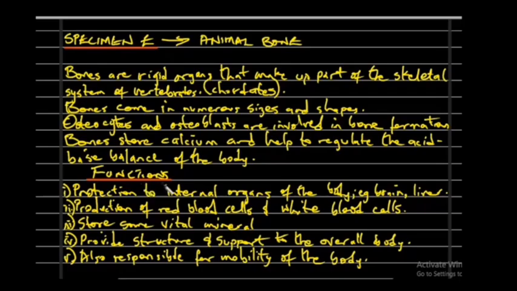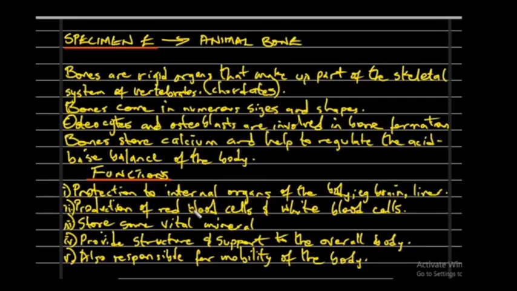Number one, protection of internal organs of the body, e.g. the brain and the liver. The bone is responsible for providing internal organs with protection. Also, they produce red blood cells and white blood cells. These bones are responsible for the production of the white blood cells, which are the leukocytes, and the red blood cells, which are the erythrocytes.